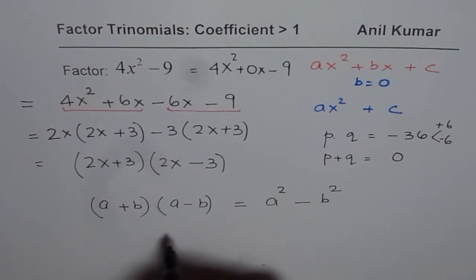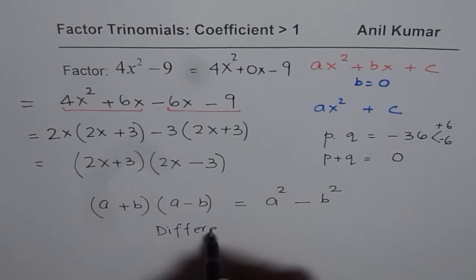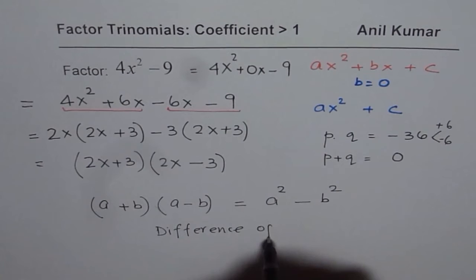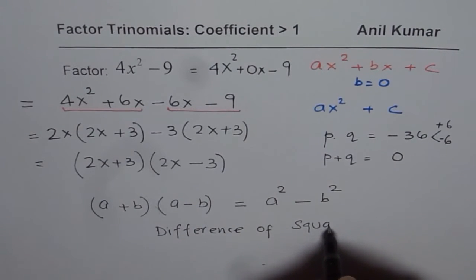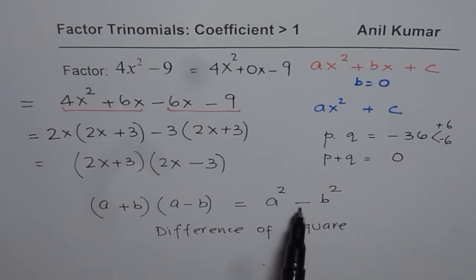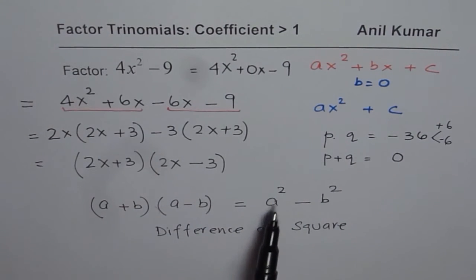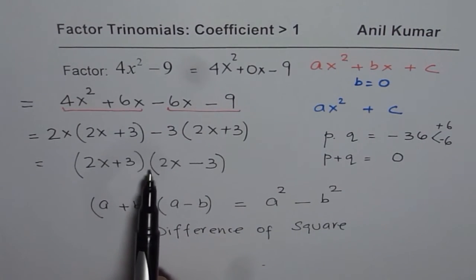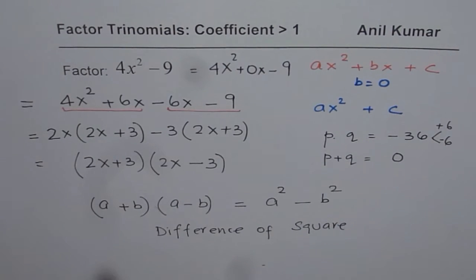That is difference of squares. So the next topic will be difference of squares. Now when you know that a plus b times a minus b is a squared minus b squared, this question becomes very simple. You could have directly written the answer as 2x plus 3 times 2x minus 3.